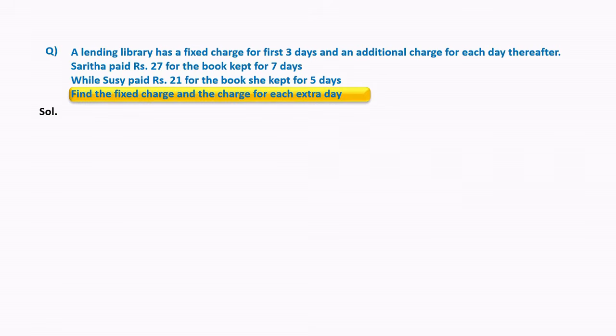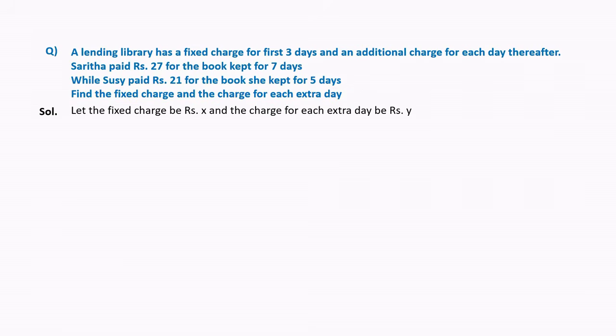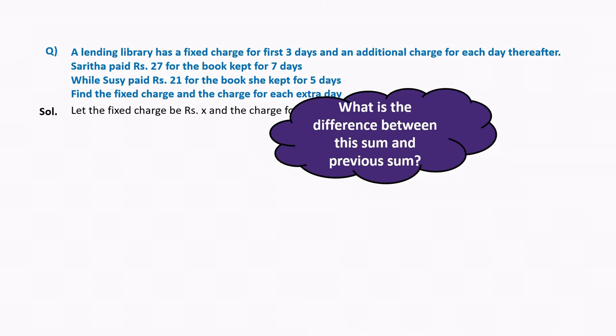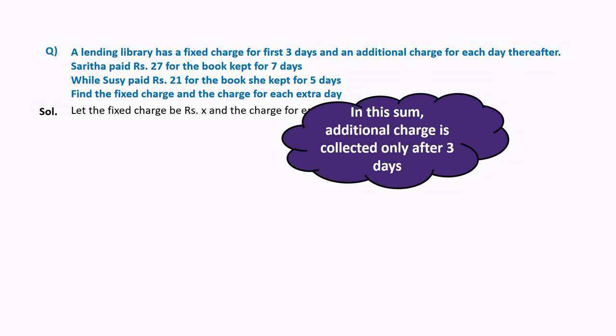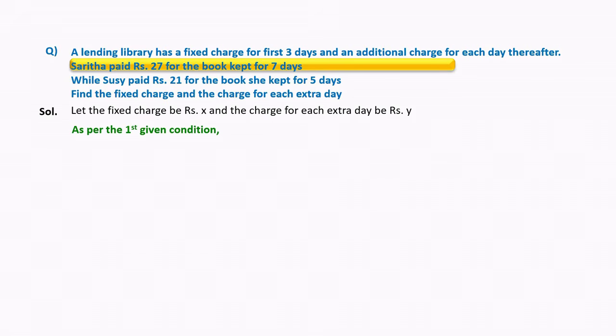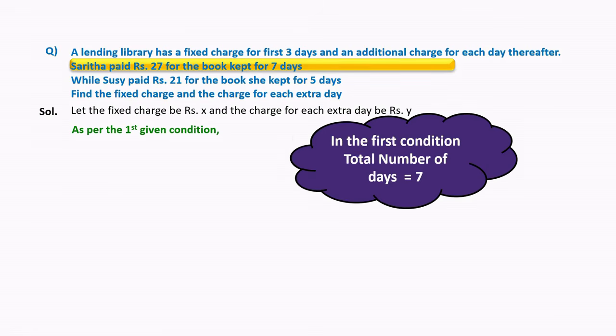Let the fixed charge be rupees x and the charge for each extra day be rupees y. In this case, the additional charge is collected only after 3 days. For the first condition, total number of days is 7. So additional charge is for 7 minus 3, that is 4 days.